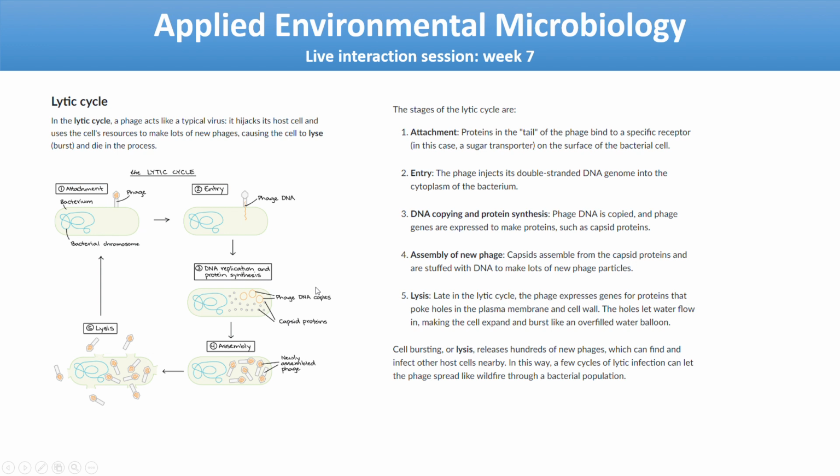Now what does the viral DNA do? Inside the host, the viral DNA will be copied using the host machinery, because this replication of the viral DNA will produce different kinds of proteins which are responsible for the assembly of these phages again.